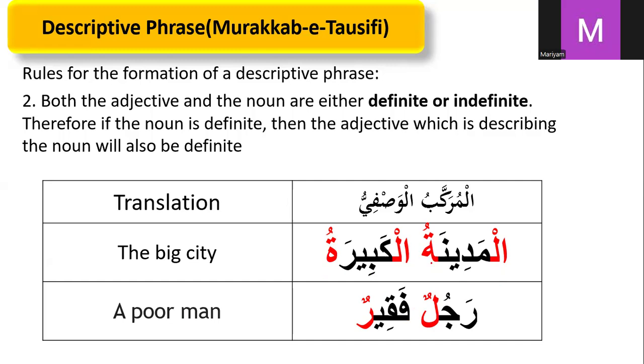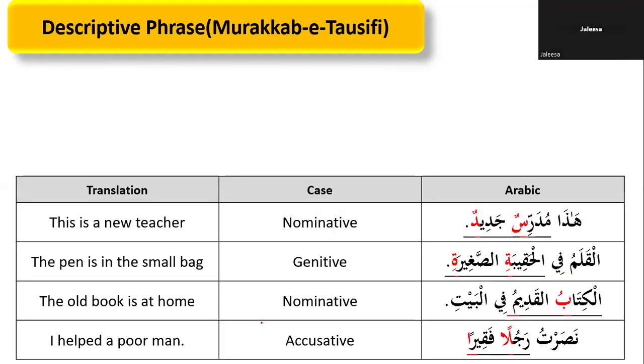Both have the same pattern. The noun is in a definite state because it begins with al, and the same pattern I need to take for the adjective. A poor man, rajulun, this is indefinite, so the adjective is also indefinite. Okay, yes, ma'am.